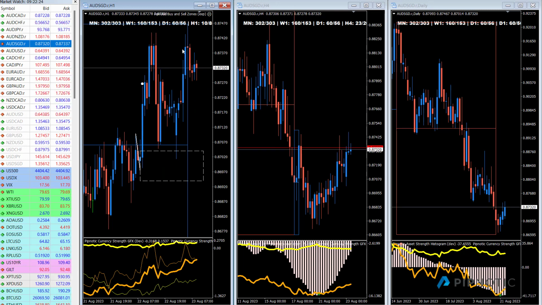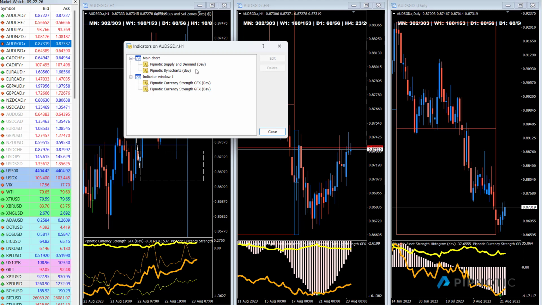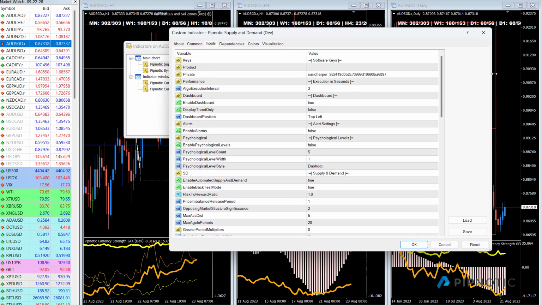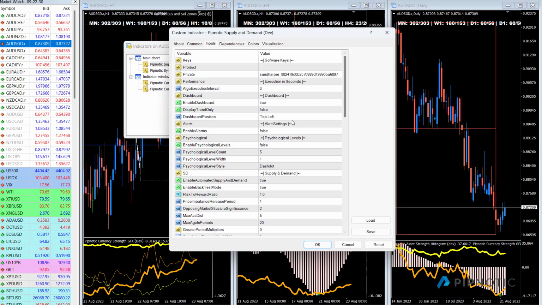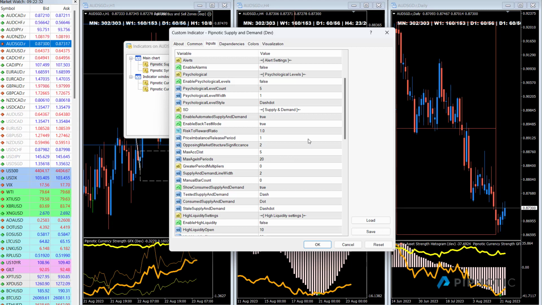Okay, so let's have a quick look at the configuration. The configuration I've been using is one that I would never have thought I would have used, but put my glasses on, it's a bit small. Okay, so here we have the risk reward ratio set to 1, and the price imbalance release period is set to 1. Opposing market structure significance is 2.